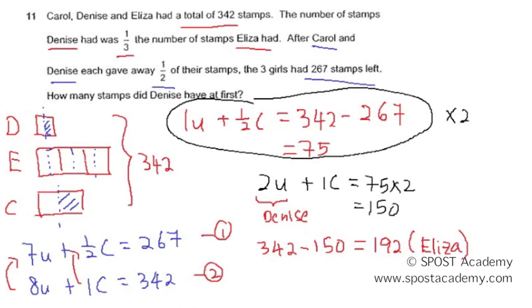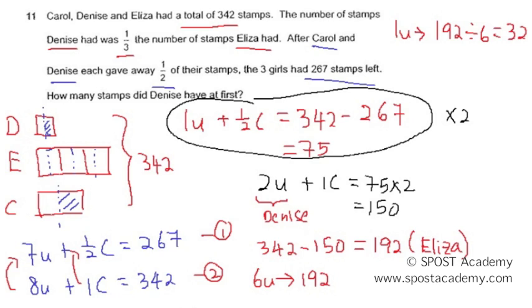Looking at Eliza, which is 192, and the model, which is 6 units, 6 units is equivalent to 192. Therefore, 1 unit is 192 divided by 6, and that will give us 32.